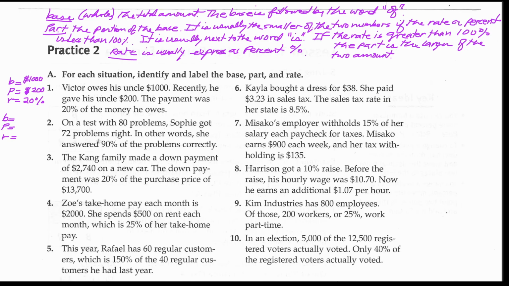Again, you see that 90% right here? That's less than 100%. That means the base is the larger number of the two. So 80 is the base, 72 is the part, and the rate is 90%.